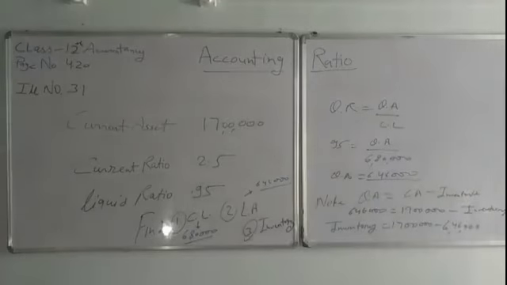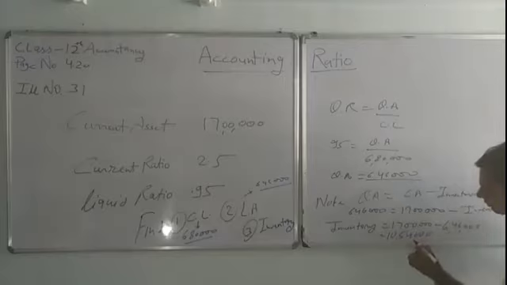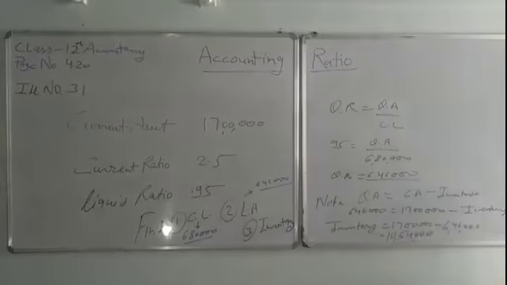How much does it come? It comes 10,54,000. Okay, so this is the solution. Practice in your copy and do it by yourself, then see the video once again.